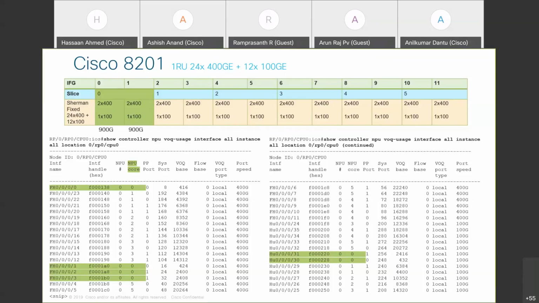And inside the slices, they call them NPEs, network process engines, running inside the slice. Each of these network process engines running inside the slice would be running your actual run to completion code or the packet processing code. So inside each slice, you will have multiple network processing engines, which are running software code.